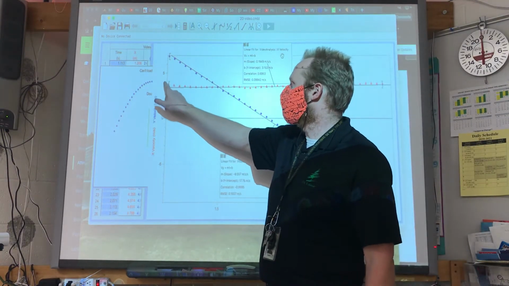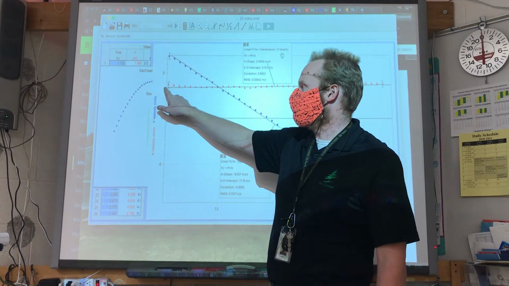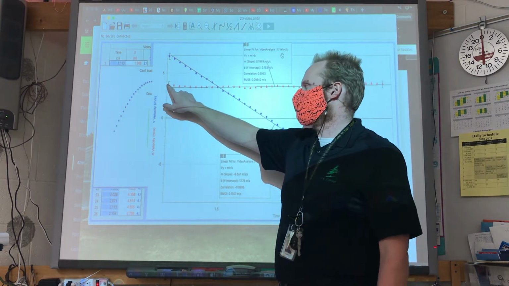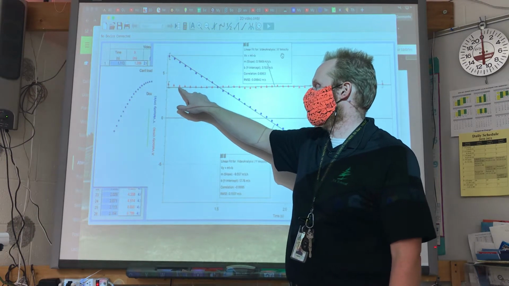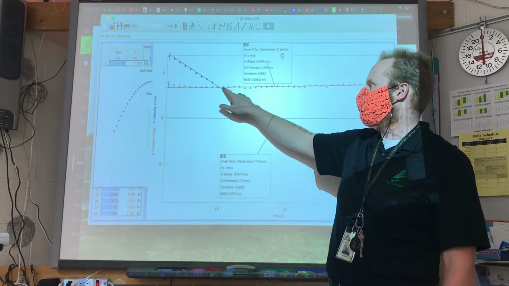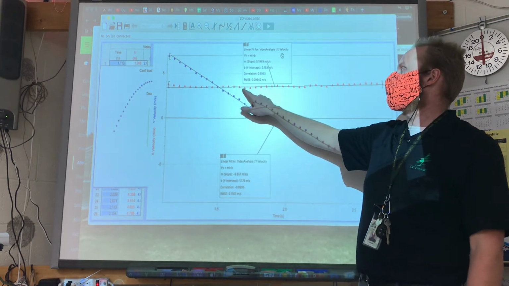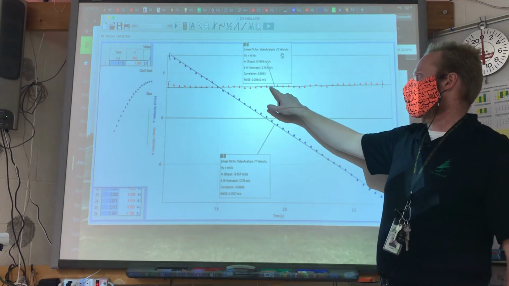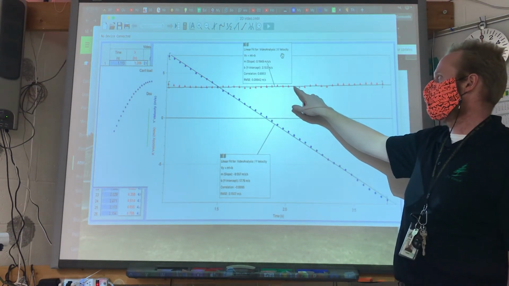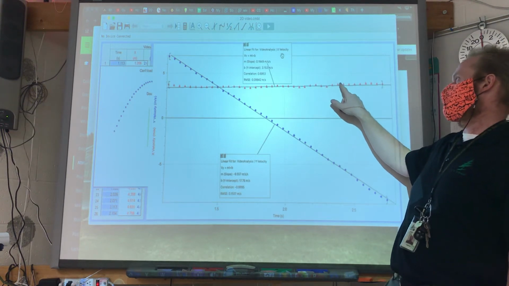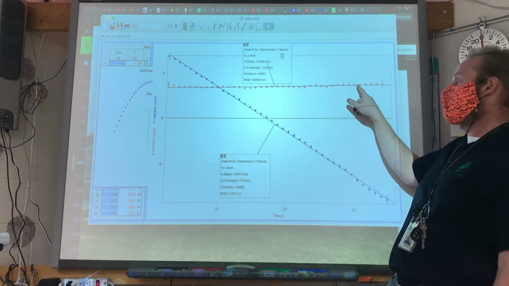Here's 5, 4, 3, so I'm going to say this line's at 3.5. So here's like 3.7, 3.6, 3.5, 3.5, 3.5, 3.4, 3.4, 3.5, 3.6, 3.5, 3.4, and so on.